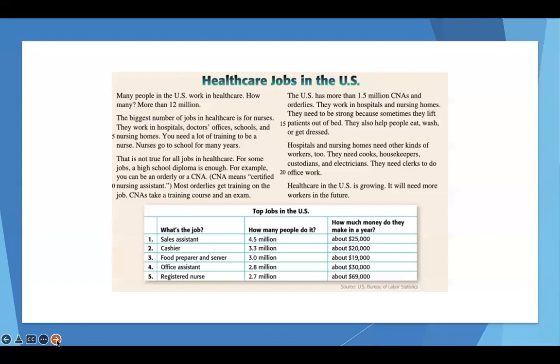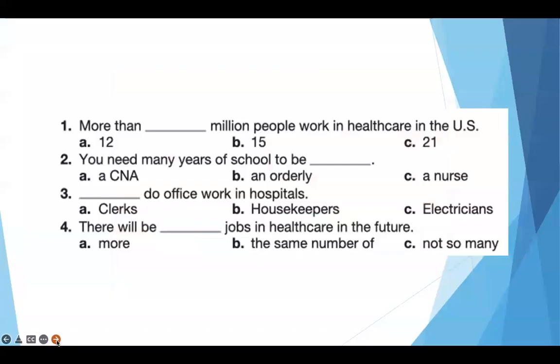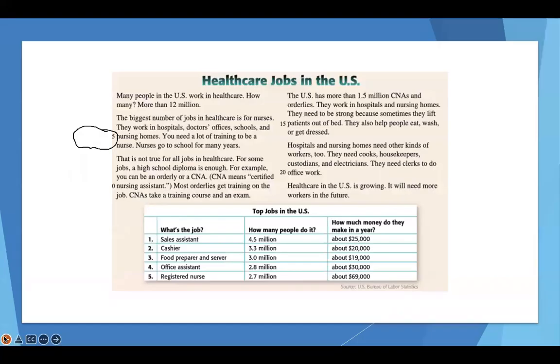All right, so let's try and answer the questions. Number 1, more than blank million people work in healthcare in the US. Do you remember this answer from the reading? I think it is 12 million. Let's double check. Yep, more than 12 million.